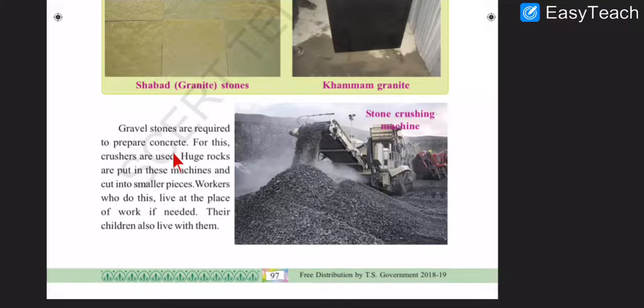It is a building material which is a mixture of sand, gravel, cement and water, which becomes hard as stone when dried. You can see the gravel is being crushed with crushers. Huge rocks are crushed into small pieces in this machine.